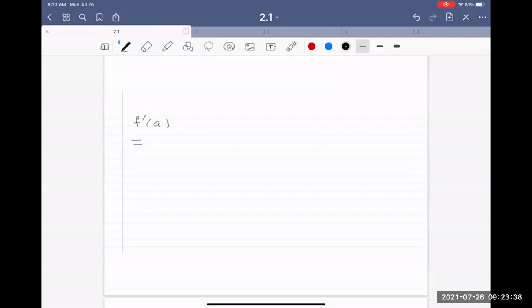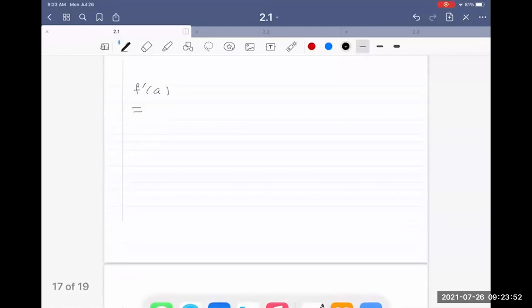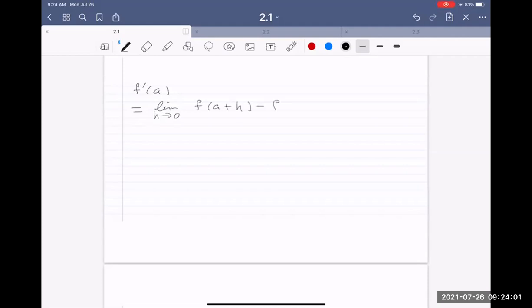So far, everything that I've given are all equivalent definitions, and none of them will really be any easier than the other. And so I'll use a variety. So the limit as h approaches 0 of f of a plus h minus f of a, all divided by h.